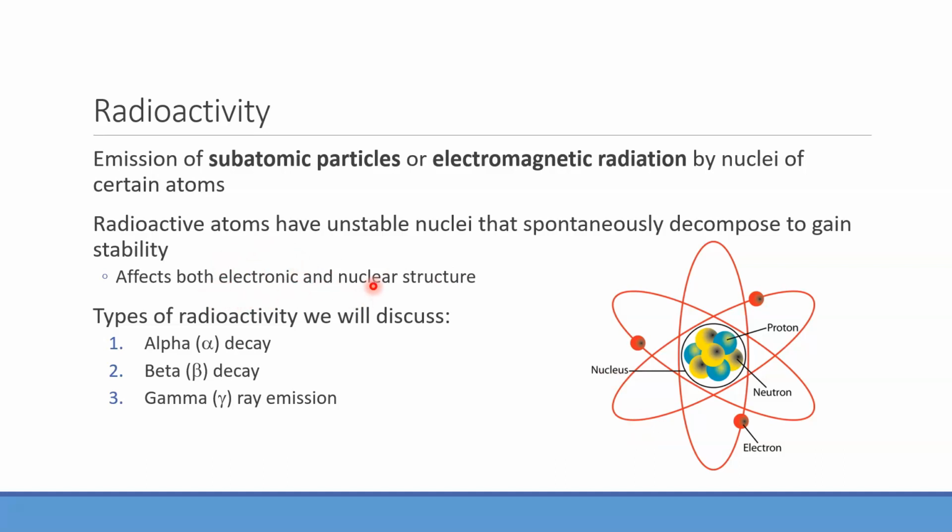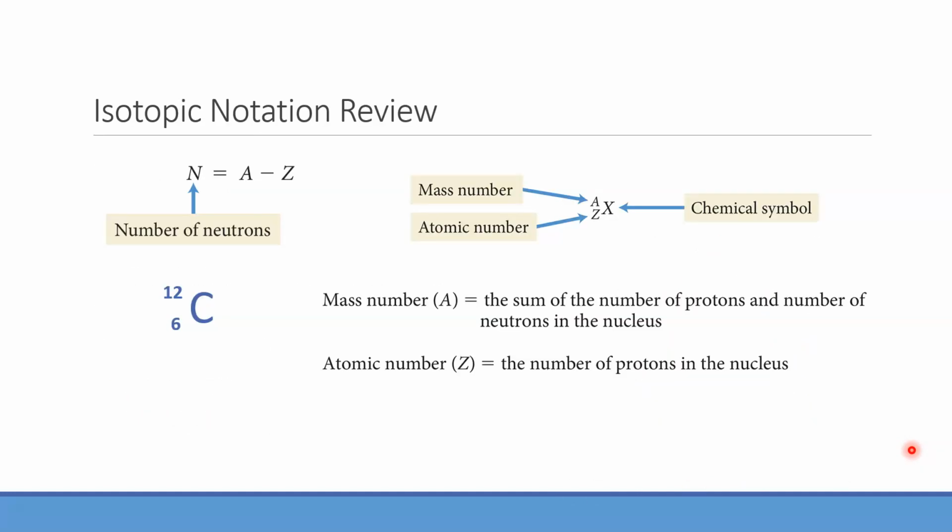And we're going to start off by talking about only these types of radioactivity: alpha, beta, and gamma. There are other forms, but we're not going to discuss those in this course.